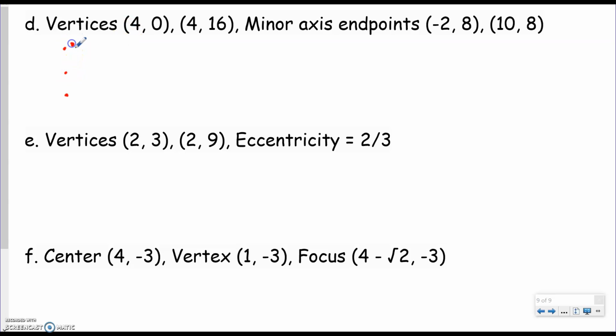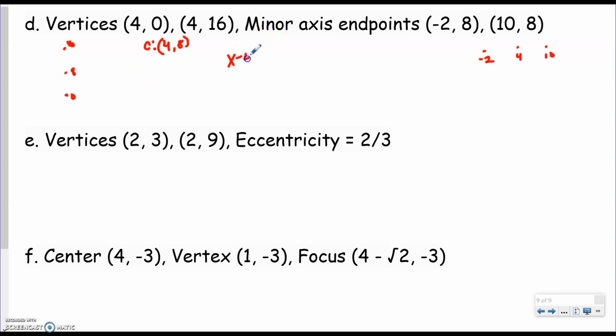So if this is at 0, this is at 16, my midpoint is at 8, and you could actually use the midpoint formula if you want to, but I know that my center is going to be at 4, 8. If you did it with this one, you'd find the same thing. So if I go sideways, -2 to 10, the distance in between would be right here, 4. Okay, so again, 4, 8.